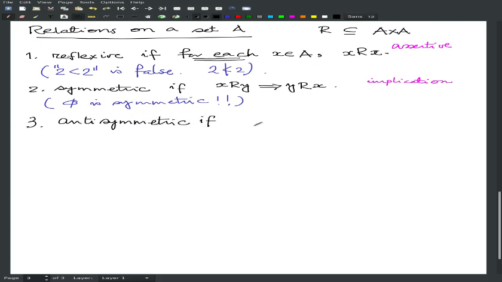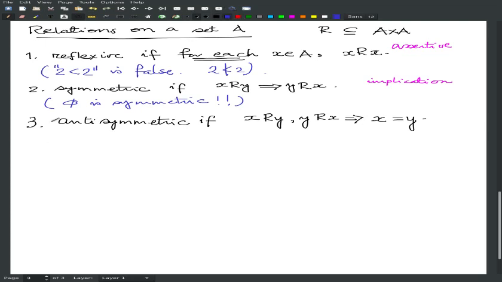if x R y and y R x. If both of them happen, then x is equal to y. Okay, so for instance, this is the kind of situation which we have for less than or equal to.